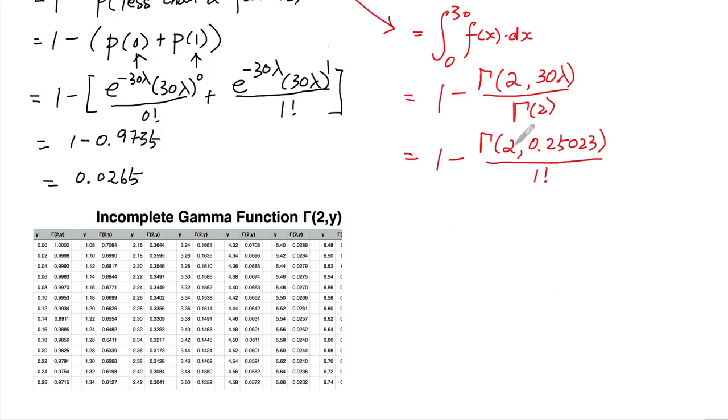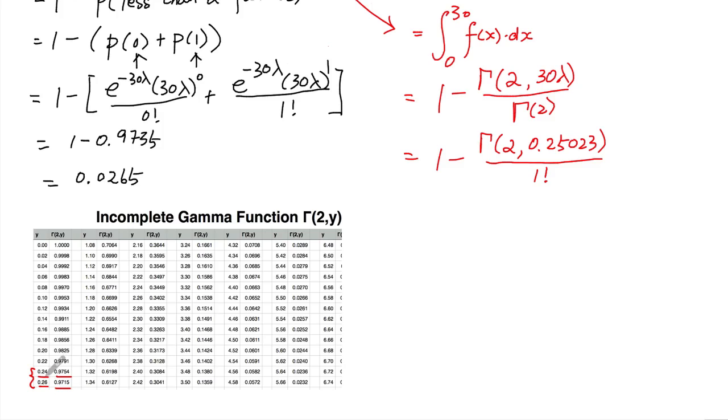So gamma of 2 comma 0.2503 can be found on the incomplete gamma function table. Look for gamma 2 comma y, and our y value is in between 0.24 and 0.26, so it has to be a value between 0.9754 and 0.9715.